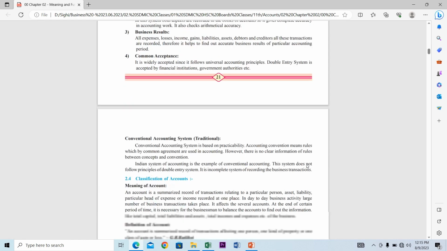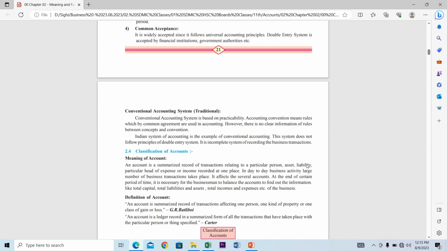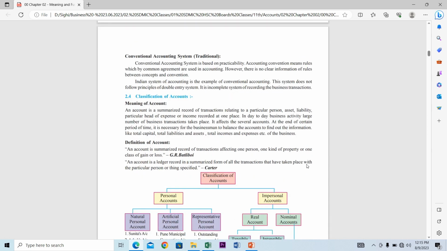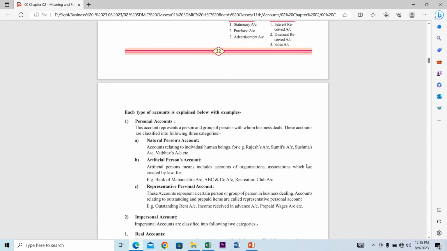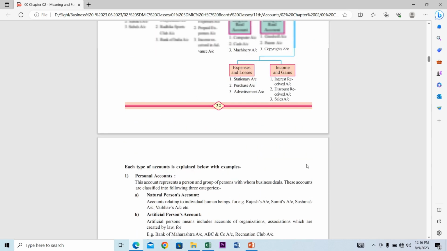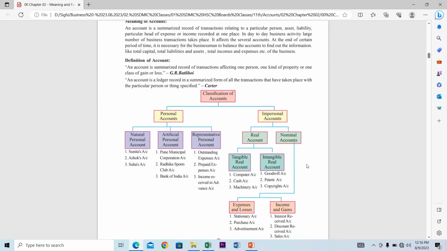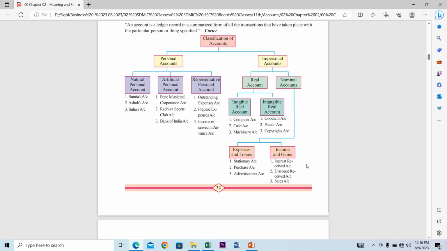Then meaning of account, definition of account, then classification of accounts. This classification of accounts you have to understand very well. I explained the flowchart in detail in the last class.